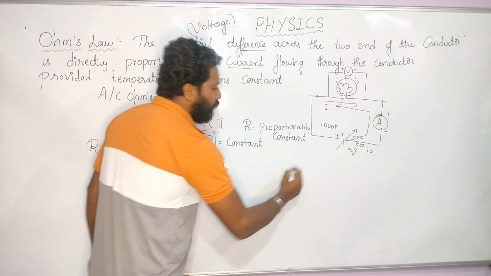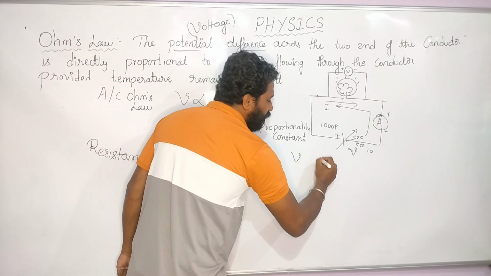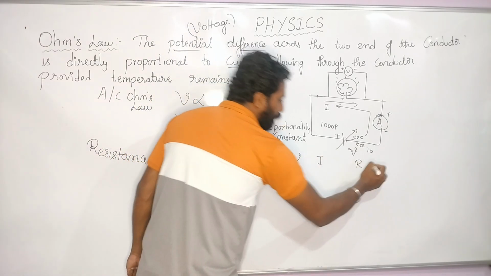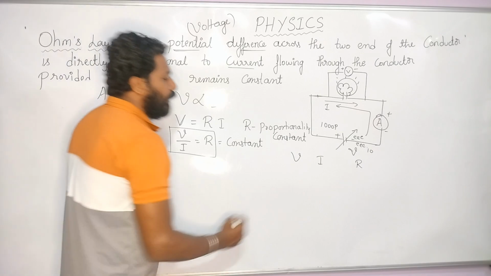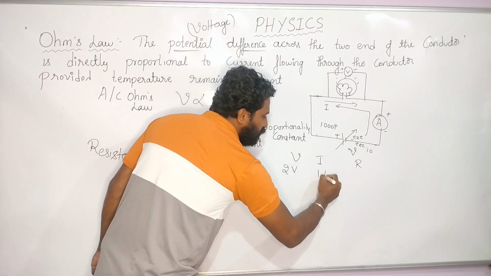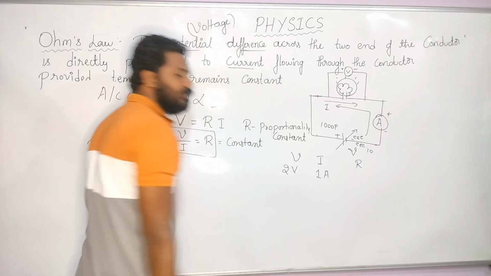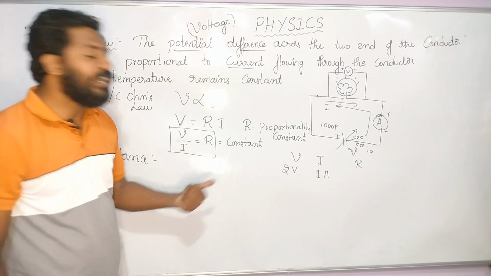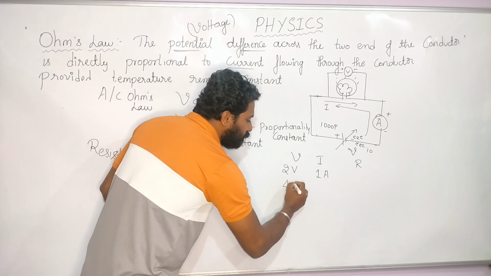So let us take a table. Look at this: V, I, and this is R. Suppose you have a 2 volt battery, then say 1 ampere of current is flowing through this. What if you increase it to 4 volts?